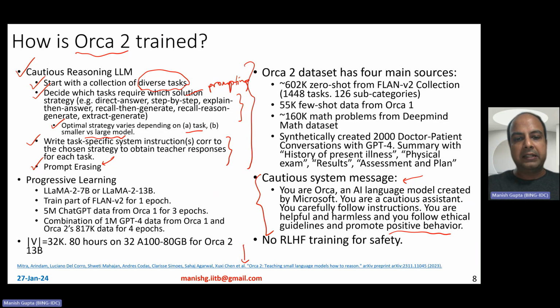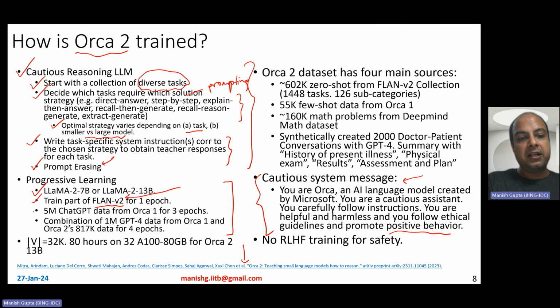But more clearly, the training is done in the following stages. So it's progressive, multi-stage learning. You start with Llama 2 7 billion or Llama 2 13 billion to train Orca 2 7 billion or Orca 2 13 billion respectively. The first stage is you train on a part of Flan V2 for one epoch. Remember, Flan V2 is the same collection which was also used to train Orca 1.